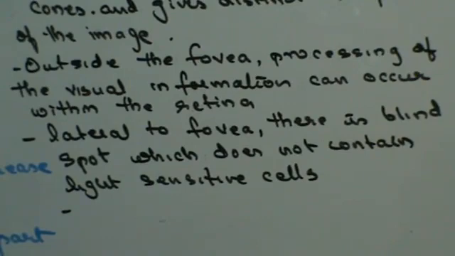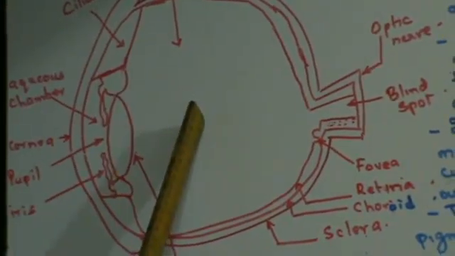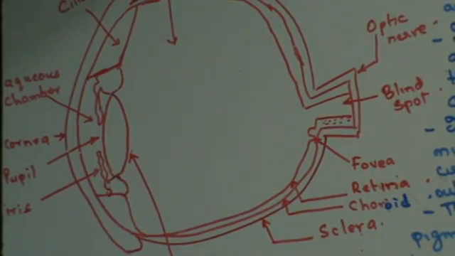Right? Now, the cavity of the eyeball is partitioned by the lens, ciliary body and suspension ligaments into the anterior and the posterior compartments. Here, this part is my anterior chamber, this is my posterior chamber.